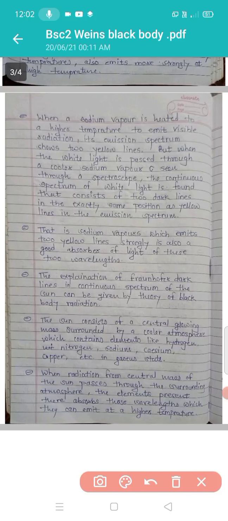Then Ferry's black body, then Wien's black body and the importance of black body radiation, where we use it to study the temperature of the stars, and the relation between the temperature and the wavelength of the peak.